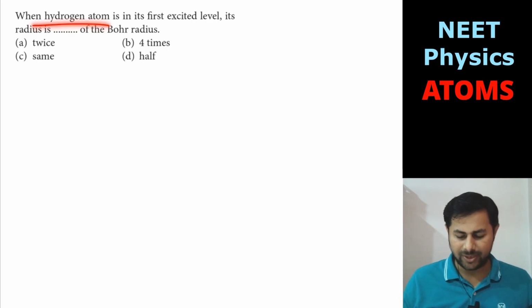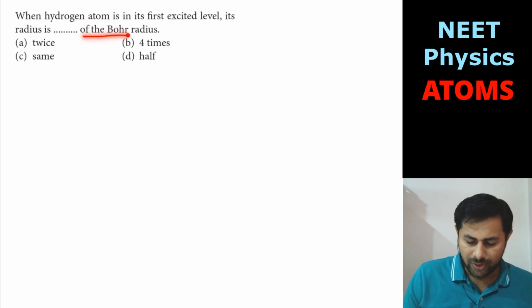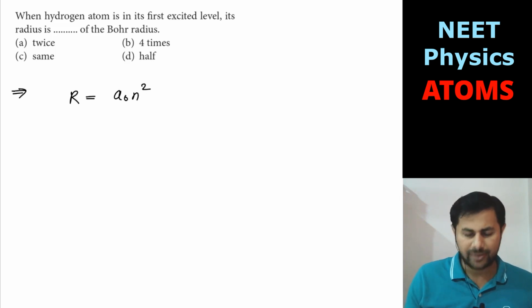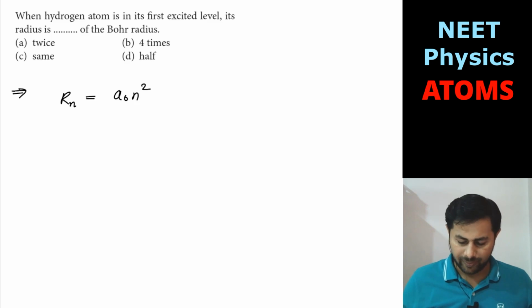When hydrogen atom is in first excited level, its radius is what multiple of the Bohr radius? So we know radius Rn is a naught times n square for nth orbit, where a naught is the Bohr radius.